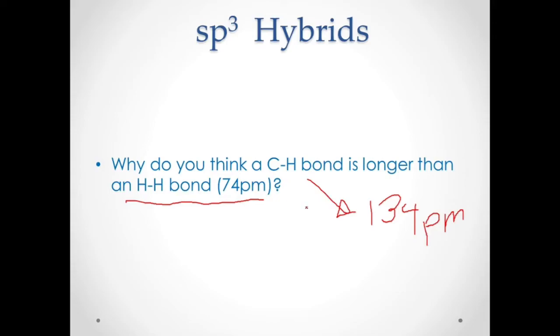Why? First of all, the HH bond is smaller than your CH bond. It's because how many electrons are involved here? There's only one electron for the hydrogen and one electron for the other hydrogen. And the nucleus contains one proton and the other one proton.